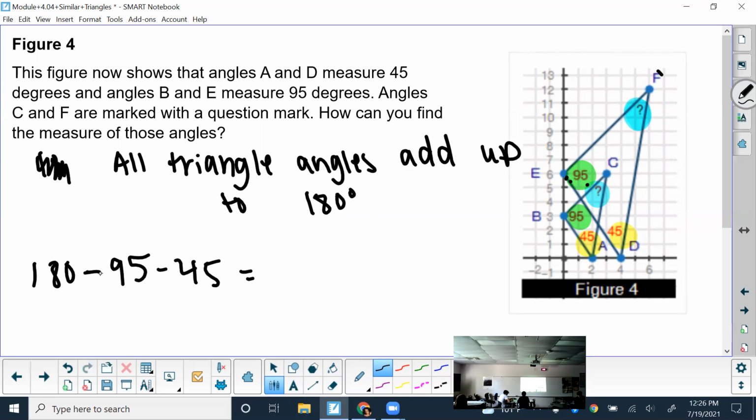If you did it correctly, you should have gotten that the missing angle is 40 degrees. So angle C and angle F equal 40 degrees.